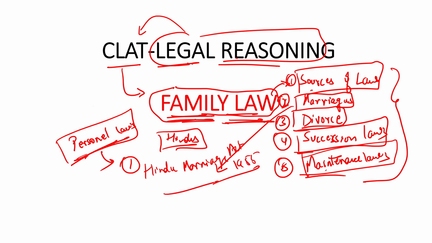So the Hindu Marriage Act of 1955 is that personal law which is going to provide the rules and regulations that govern whenever a marriage takes place between two Hindus. Okay, so whenever there is a marriage between two Hindus, it will be governed solely by the Hindu Marriage Act.